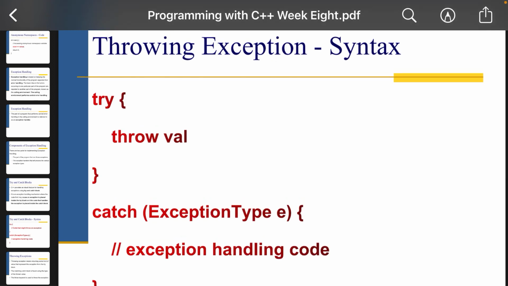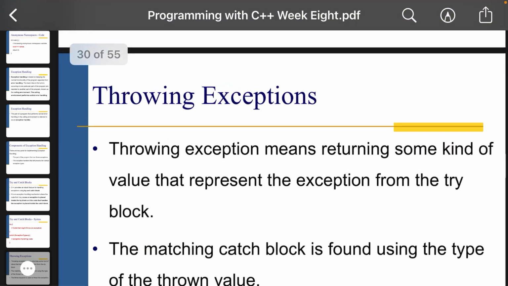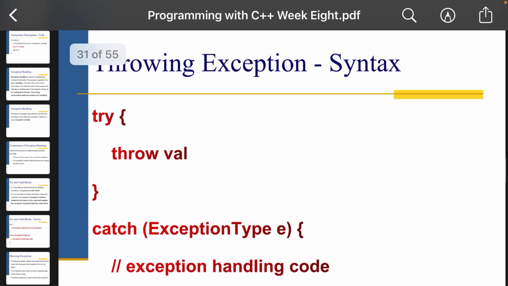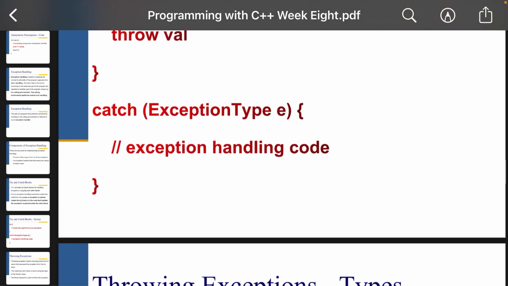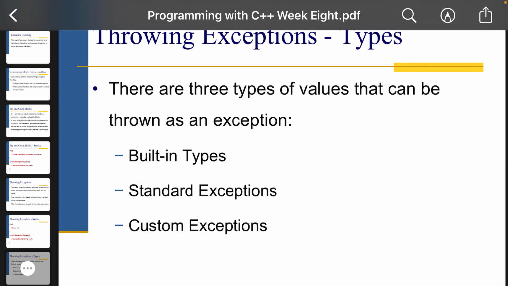And this is how the syntax is, as you saw. There are three types of values for throwing exceptions: the built-in types, standard exceptions, and custom exceptions.